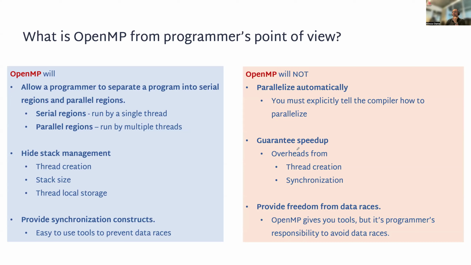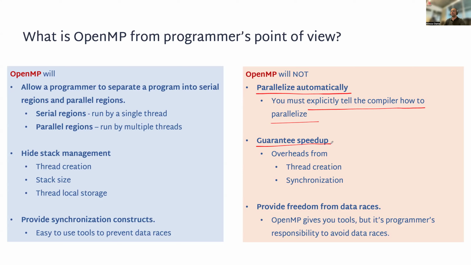And let's see what OpenMP will not provide for us. It does not parallelize our code automatically. You as a programmer must explicitly tell the compiler how to parallelize your code, but with fewer complications. It's not something where you get parallelism for free. You should, as a programmer, still know how you want to decompose your problem.